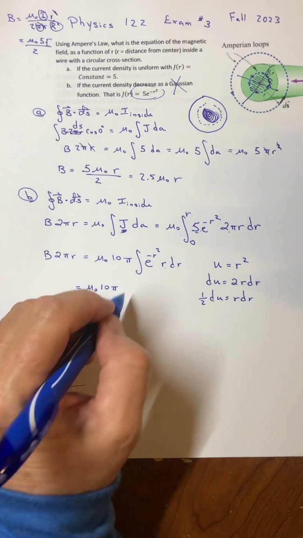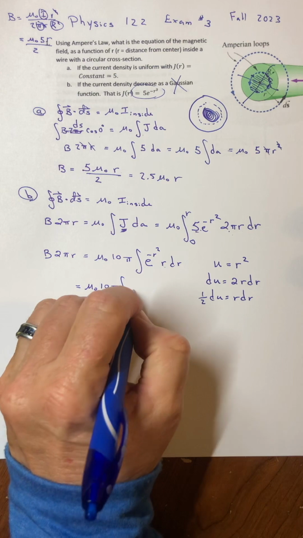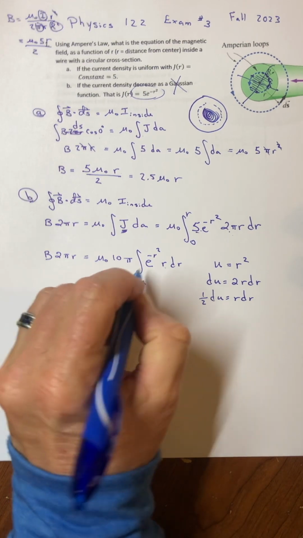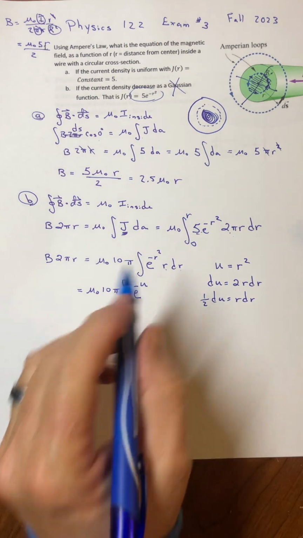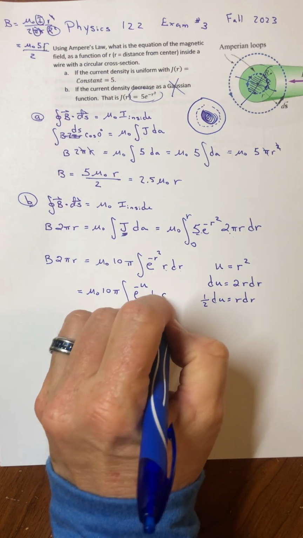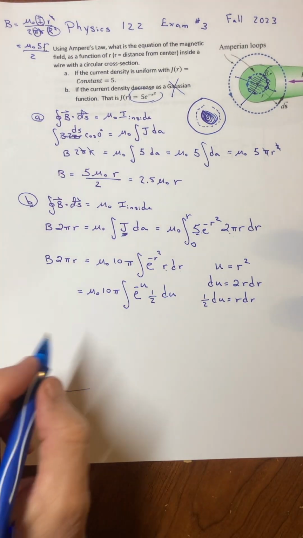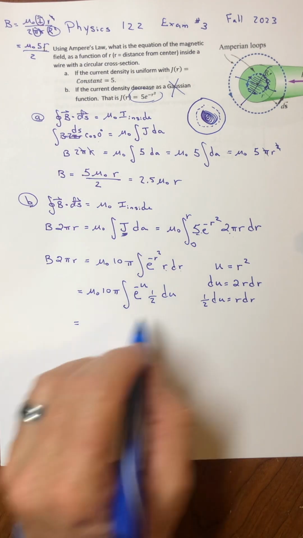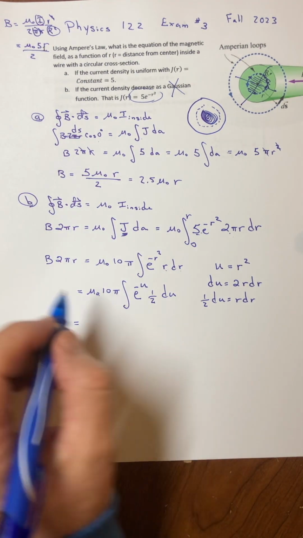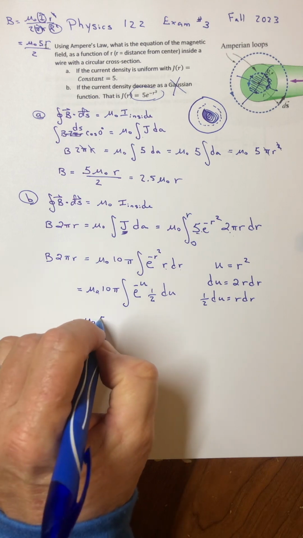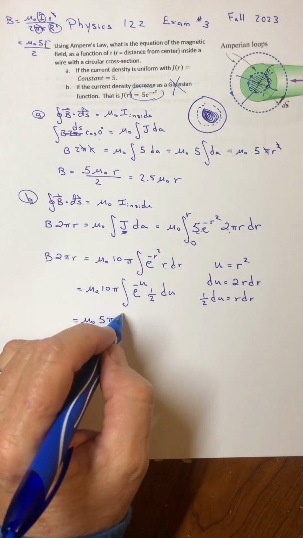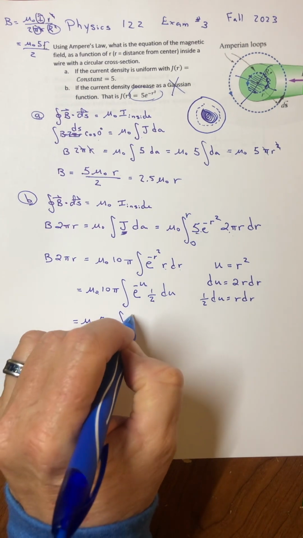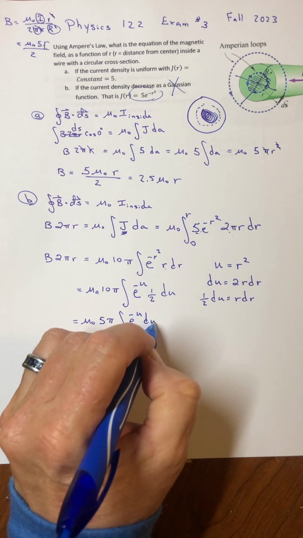But right here with this integral, I've got e to the minus u now. And then the r dr is the 1/2 du. And I'll just take this 1/2 on out and call it a 5 pi. And then I just have an integral of e to the minus u du.